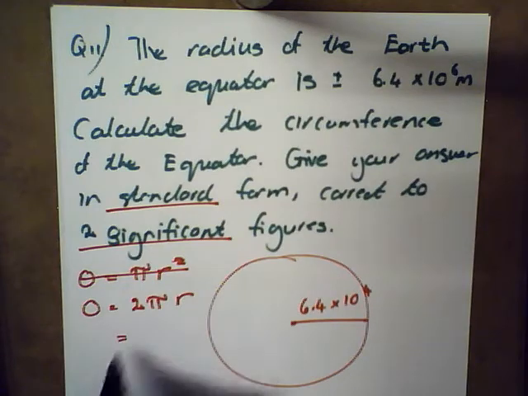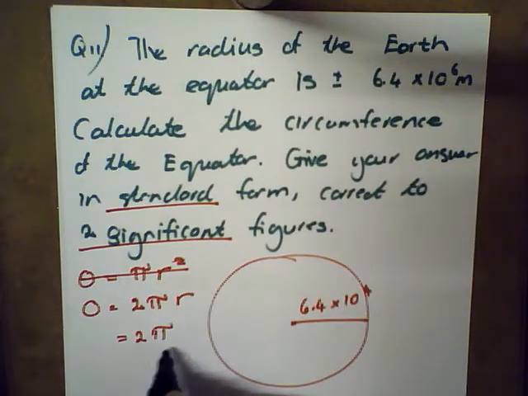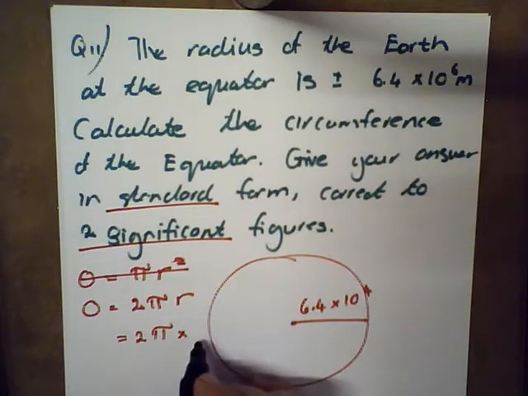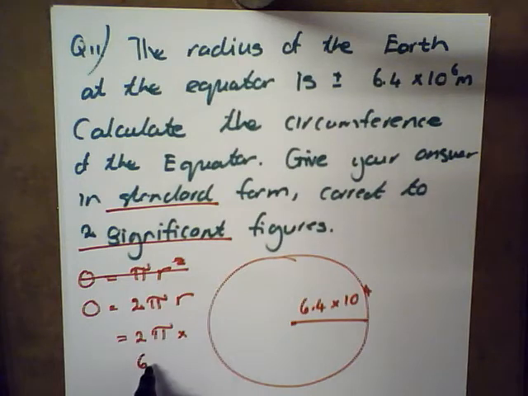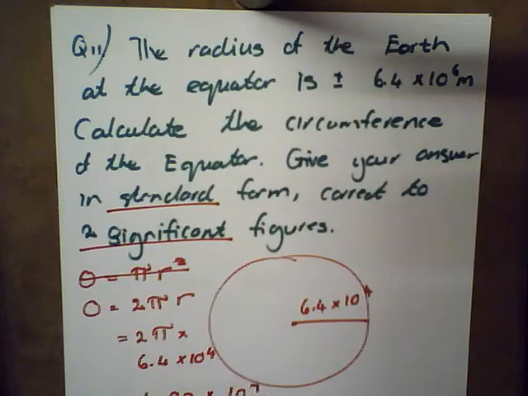I don't know where I got that from, but 2 pi, and my radius there is 6.4 times 10 to the power 4, and then if I do that calculation, I should get the circumference of the circle as 4.02 times 10 to the power 7.